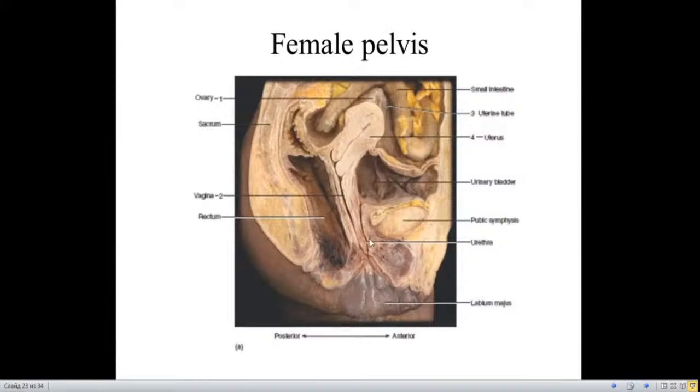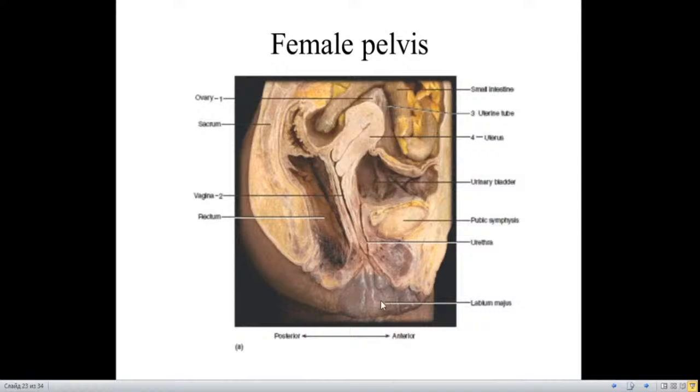On a real specimen, the previous picture was artificial, here is cadaveric material. Let's find what we can see here. That is the ovary with uterine tube, they are not seen distinctly here. Then here we can see the uterus, this is the vagina.